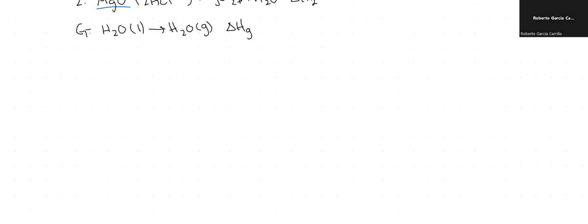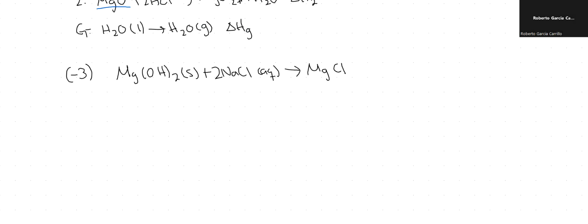So the negative of reaction 3 is magnesium hydroxide, a solid, plus sodium chloride, aqueous, producing magnesium chloride, solid, plus sodium hydroxide, aqueous.